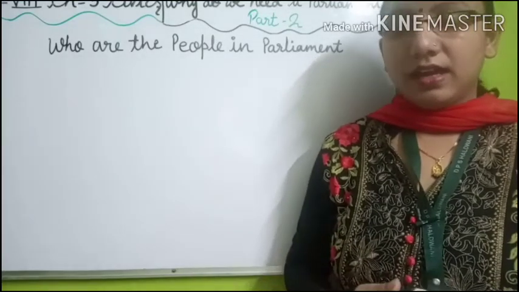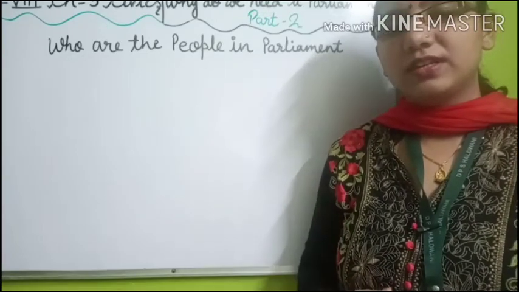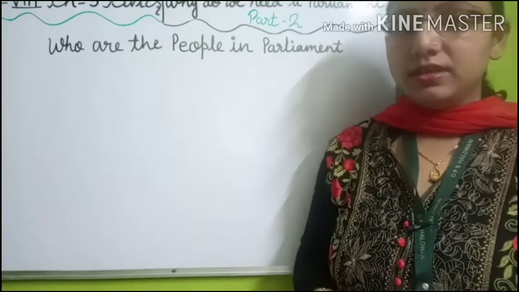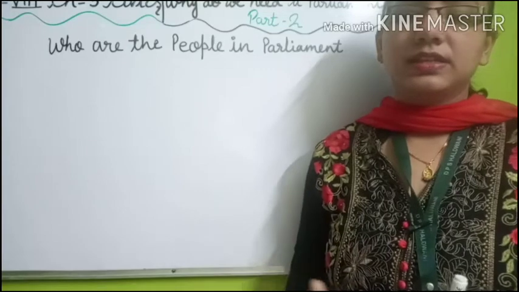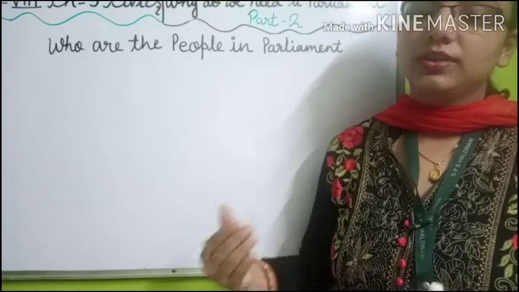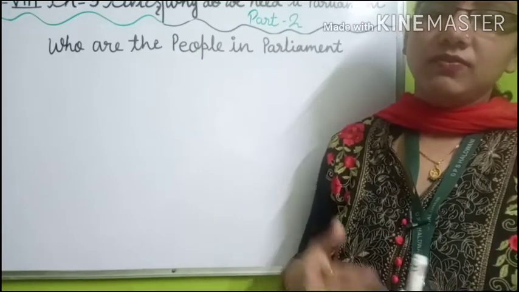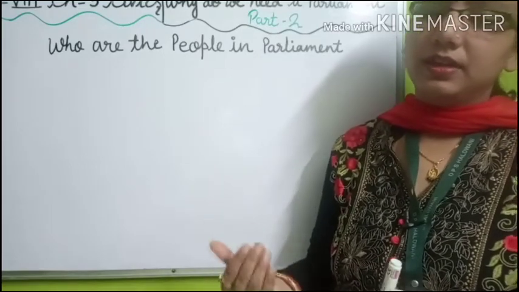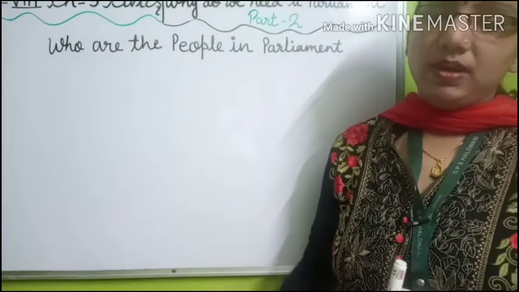Okay, and as I told you earlier that there are total 543 seats plus 2 seats are reserved for the Anglo-Indians. So in the same manner, few seats are reserved for the SCs and STs. So this has been done so that the MPs elected from these constituencies can represent Dalit and Adivasi interests in parliament.